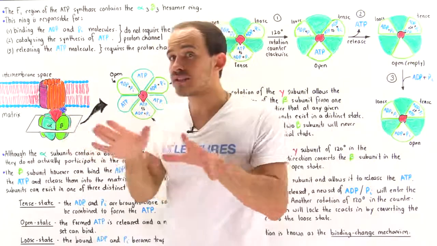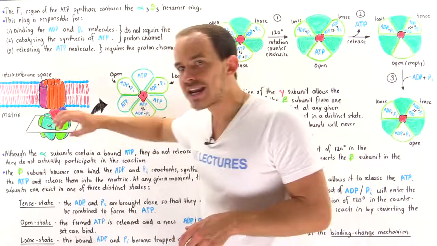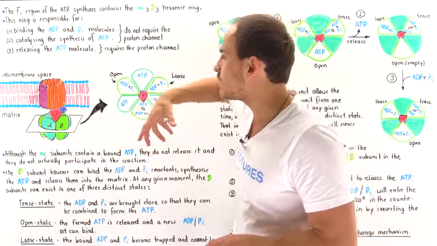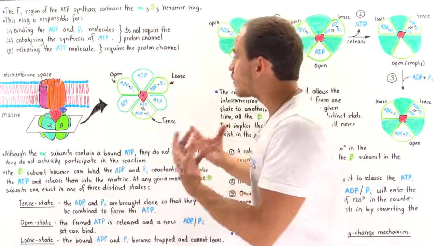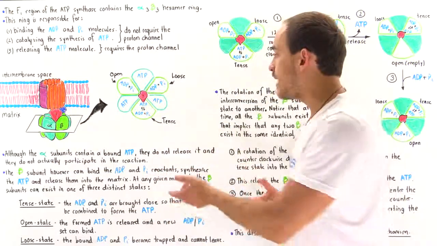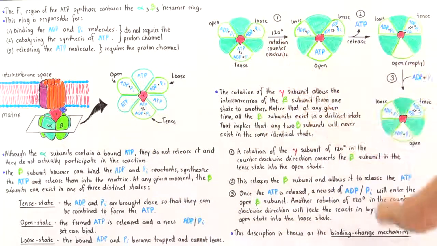So remember, as we discussed previously, it's this gamma structure that rotates as a result of the rotation of the C ring, as we'll see in the next lecture, that causes a change in conformation of the beta subunit. So this is what we see in this diagram.